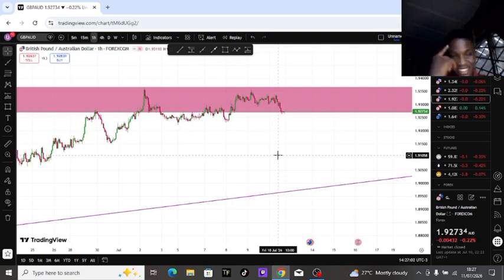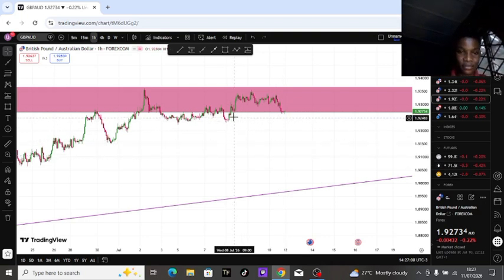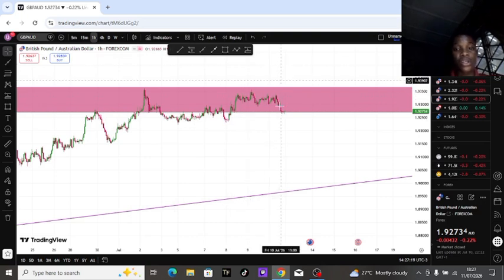I'm following the trend. It's crazy. But since we have gone to this strong level, we have been ranging, then heading up again, ranging, but we have not broken this level, which means I think we are going to be headed down.